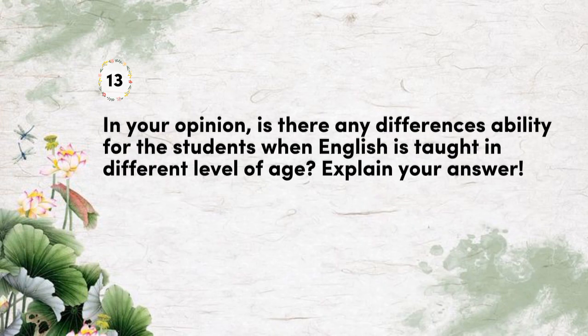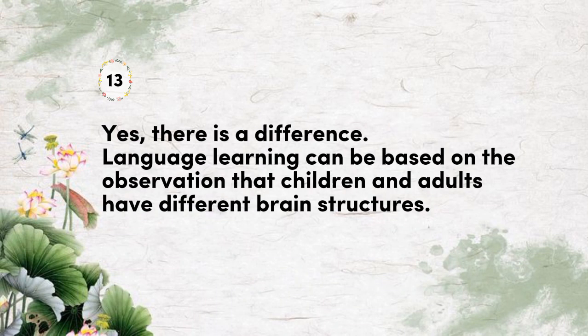And the next question: in your opinion, is there any difference in ability for the students when English is taught at different ages? Explain your answer. Yes, there is a difference. Language learning can be based on the observation that children and adults have different brain structures.